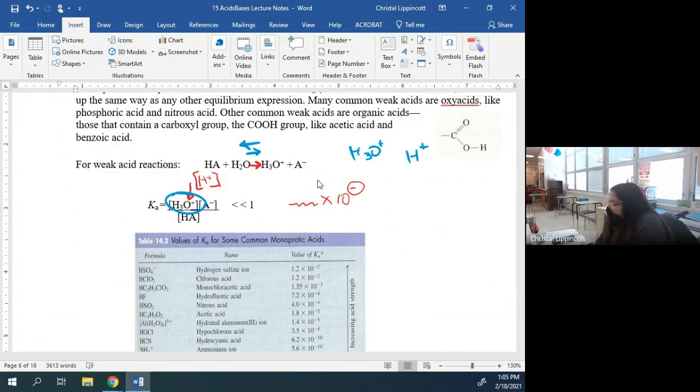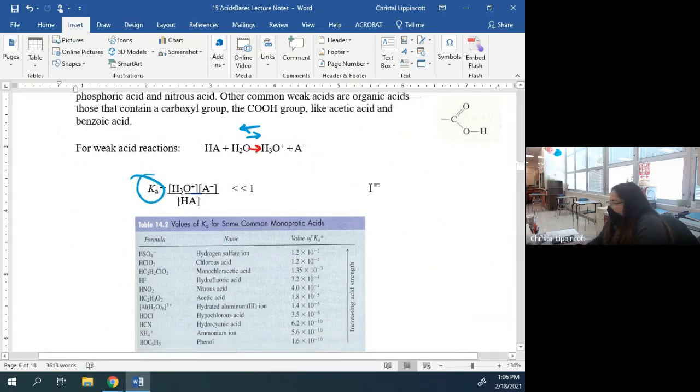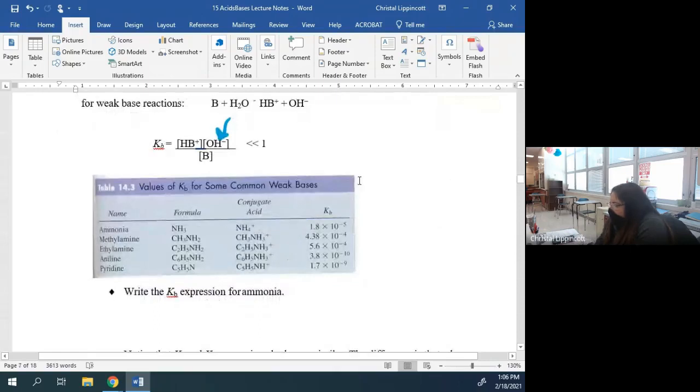Okay, but at any rate, when you have a Ka expression, you're always going to have that hydrogen ion up there in that expression. So you're going to be looking for that. Okay, if you have that hydrogen ion in there, then you're in the land of Ka. If you have the hydroxide ion in there, then you're in the land of Kb. Okay, so this would give you your Kb.